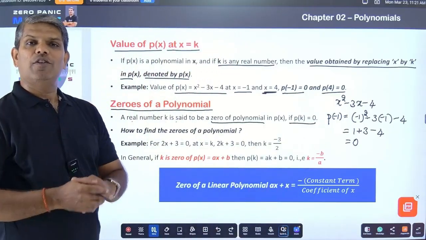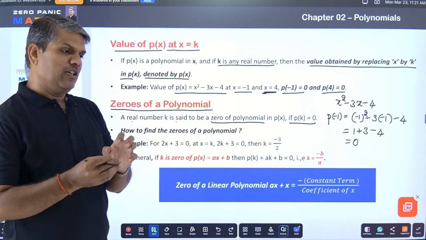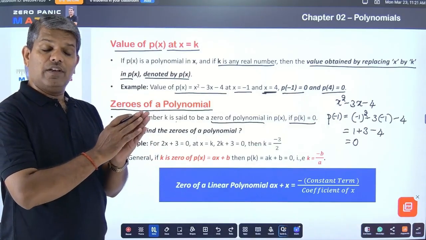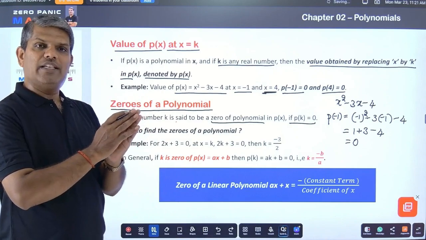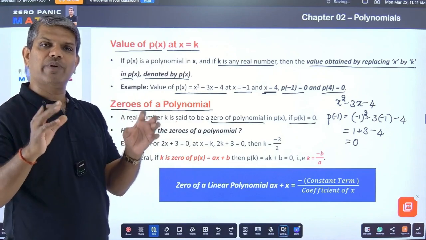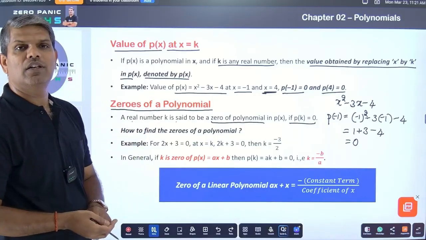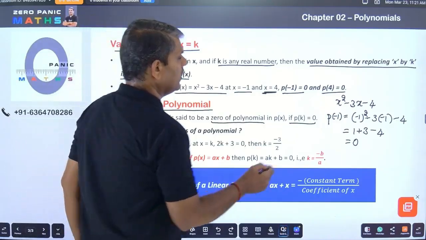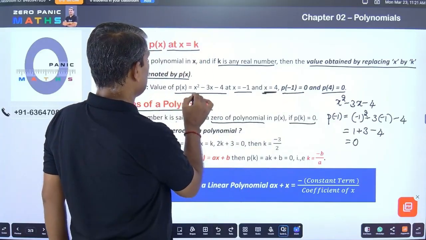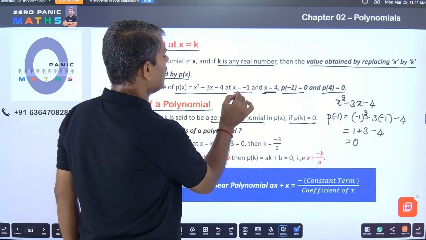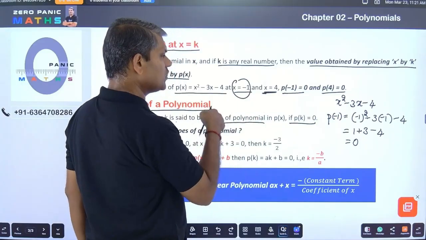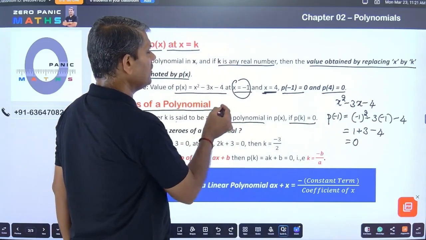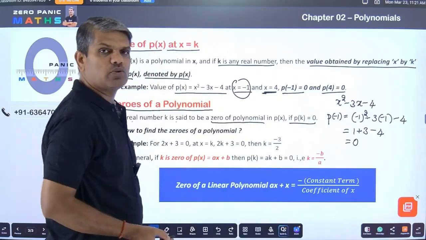Suppose you take some value and put it into a polynomial, and if that real value makes the whole polynomial's value 0, then that k is called a zero of the polynomial. For the equation x square minus 3x minus 4, x is equal to minus 1 is a zero of the polynomial, because by putting minus 1 into this polynomial, we get the whole equation's value as 0.